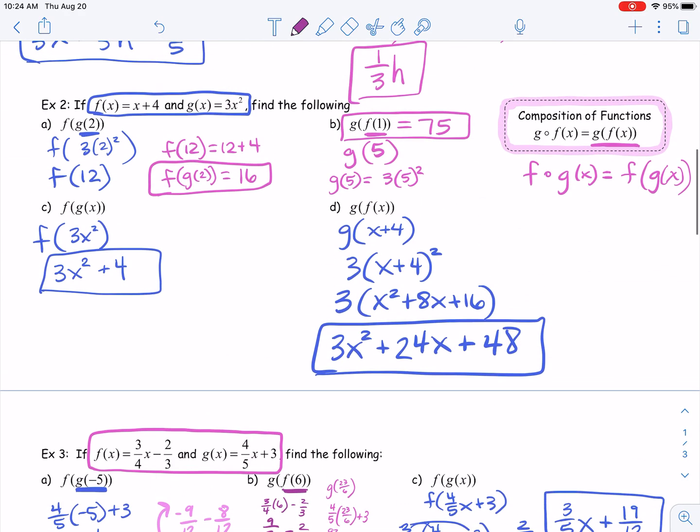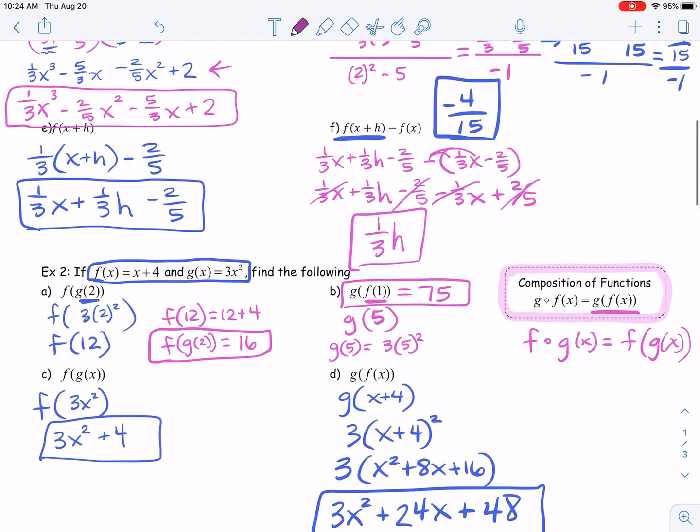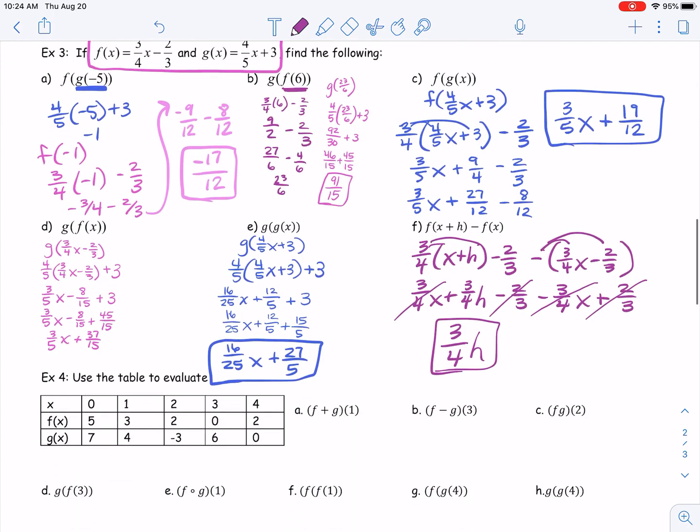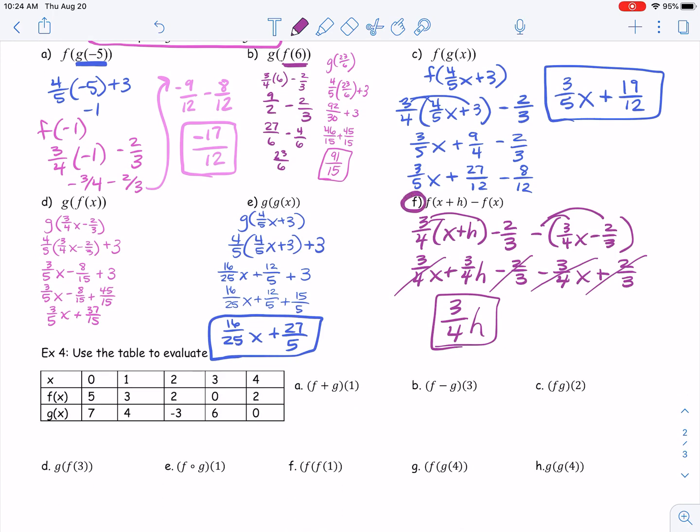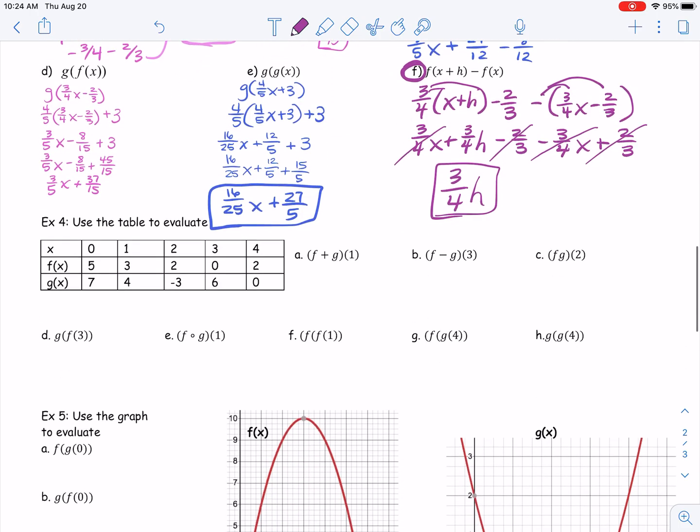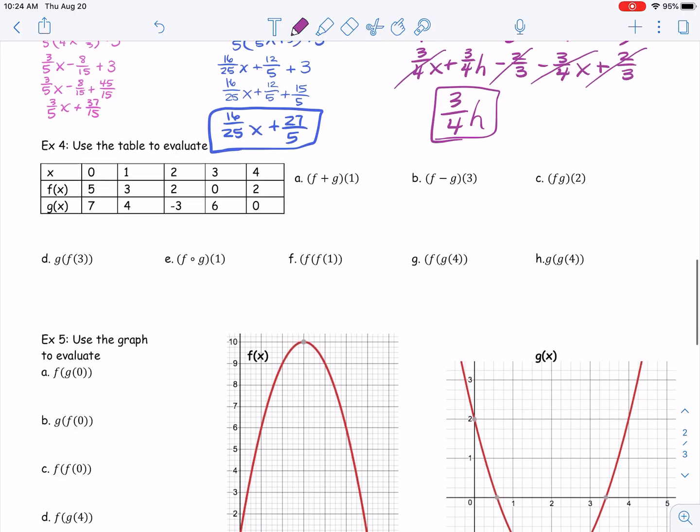Let me find it. This one. Okay. Same thing. You're going to start to see a pattern with those. If I'm doing an f of x plus h minus the function of f of x, you're going to notice that we're only left with that h value. Okay. We're going to do a lot of those.